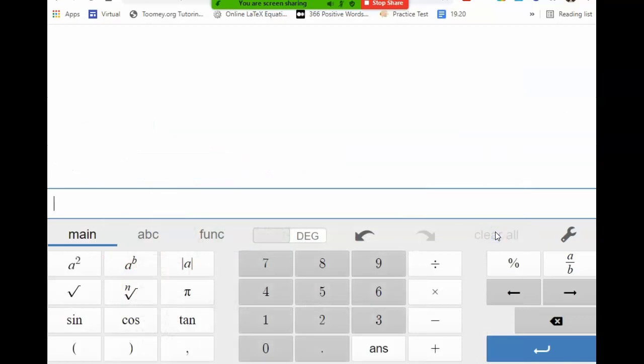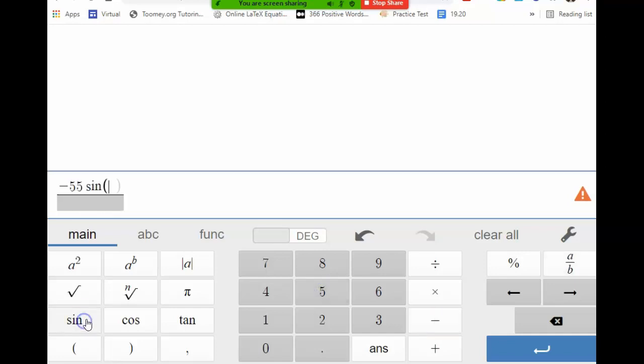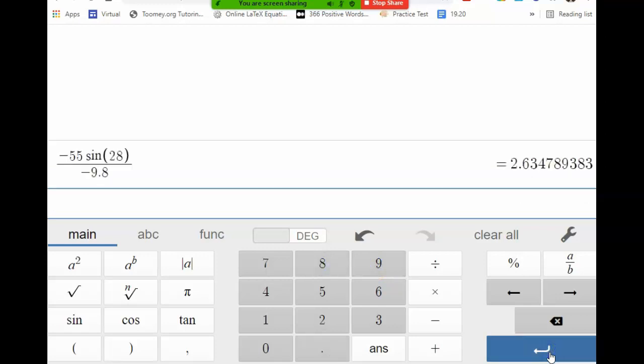Negative 55. Oh, hang on, I wanted a fraction. So I'm going to have negative 55 times the sine of 28 in the numerator. In the denominator, I have negative 9.8. That gives me the time at which it hits its maximum height.